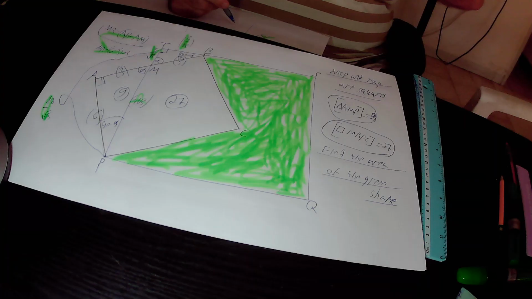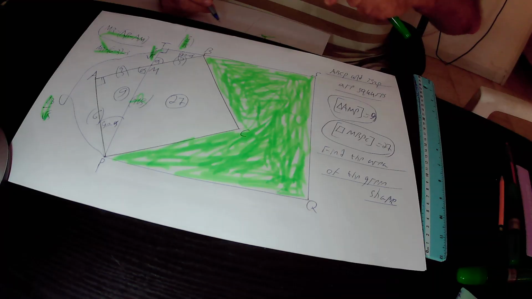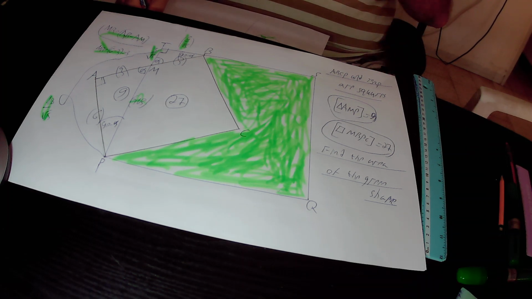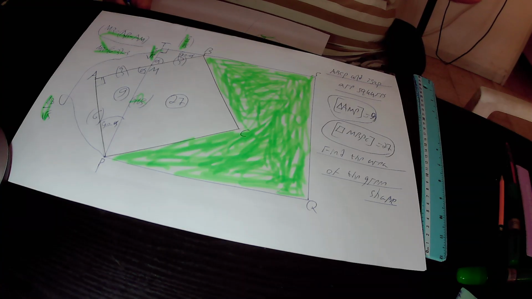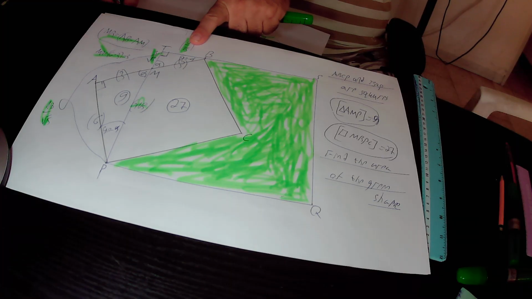The area of this green shape, the area that we are looking for in this question, is equal to the area of the big square TSQP minus the area of this quadrangle MBCP, which is 27 square inches according to what is given in the question, minus the area of this right triangle TMB.